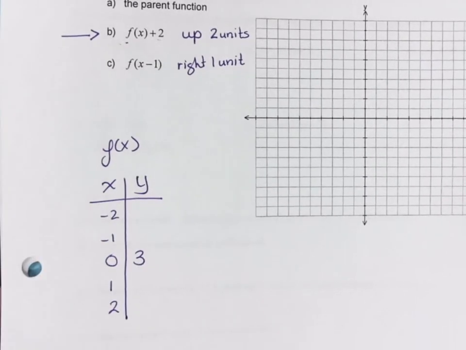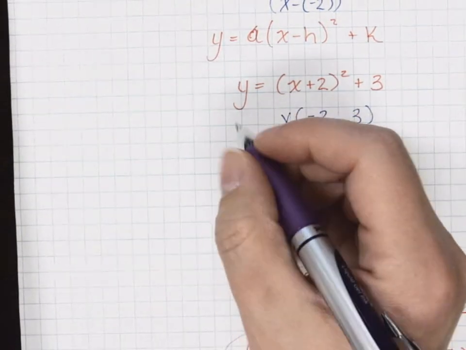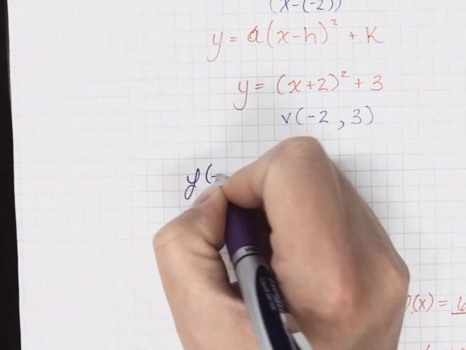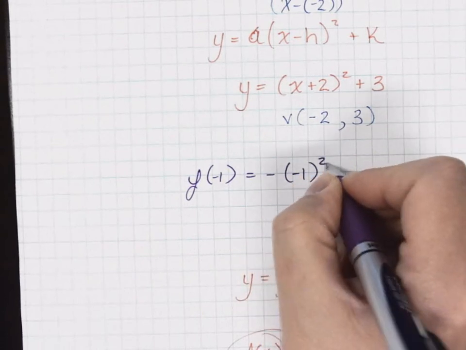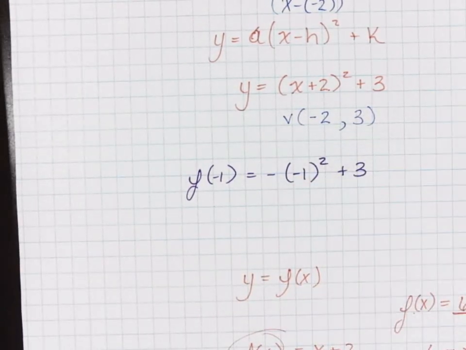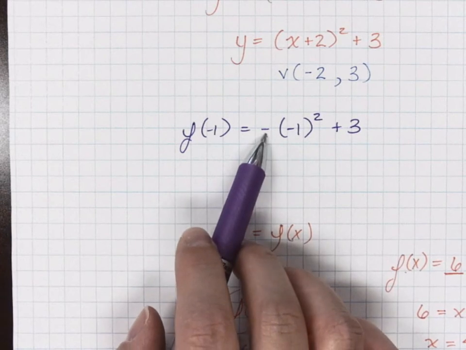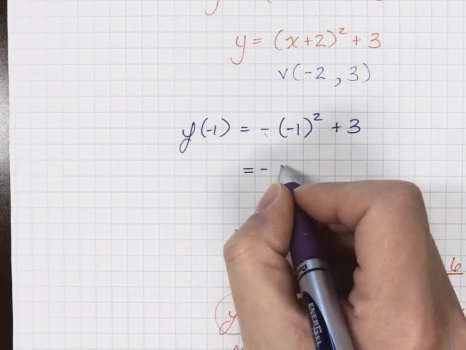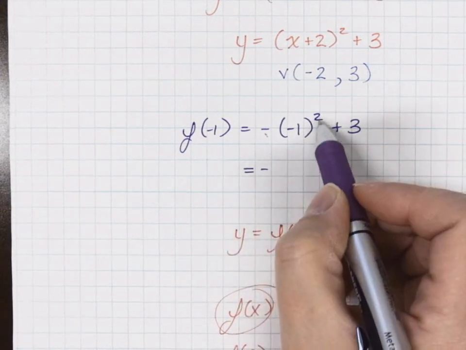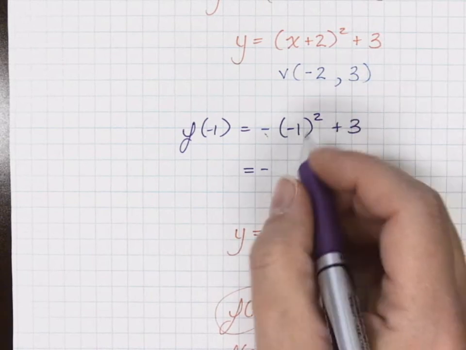Okay. I'm going to jump to my scrap paper just for a second because I want to show you this. So if we're solving for f of -1, that's going to be -1 squared plus 3. So notice how I wrote that. This answer is always going to be negative. What's -1 squared? 1, but it's got a negative outside.